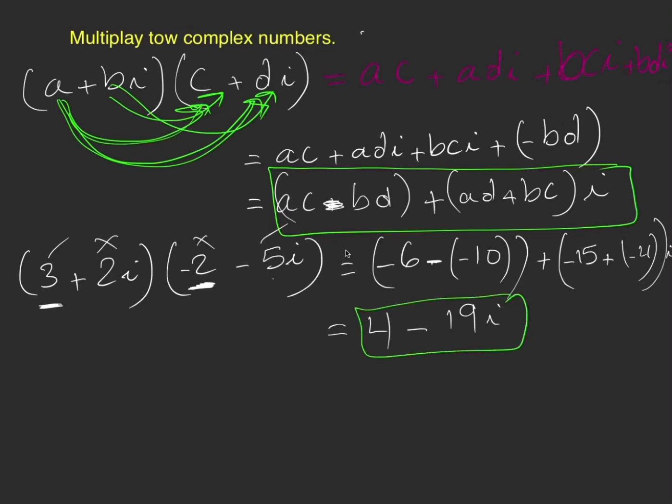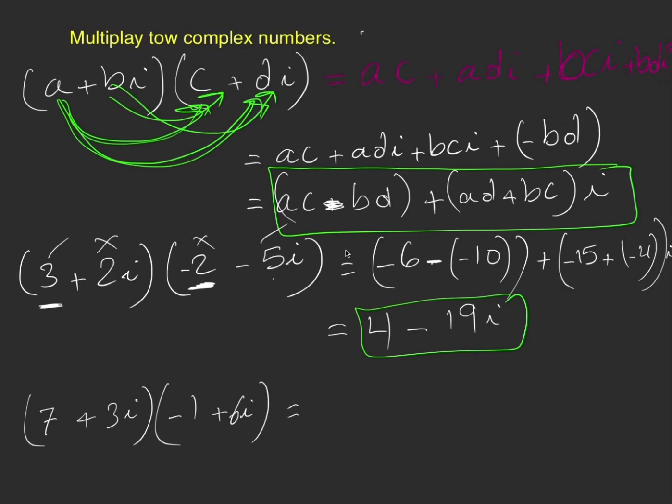We can use the formula or we can do it straight, just do distribution. So let's find another problem. We have 7 plus 3i times minus 1 plus 6i.